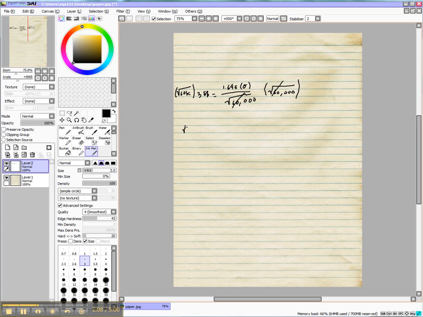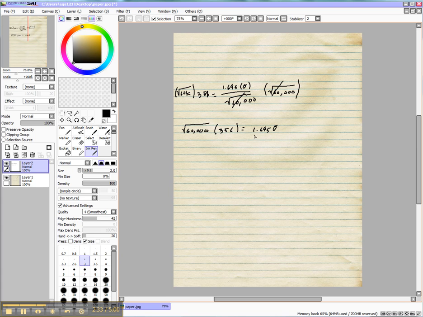So we got square root of 60,000 times 356 is equal to 1.645 times sigma.